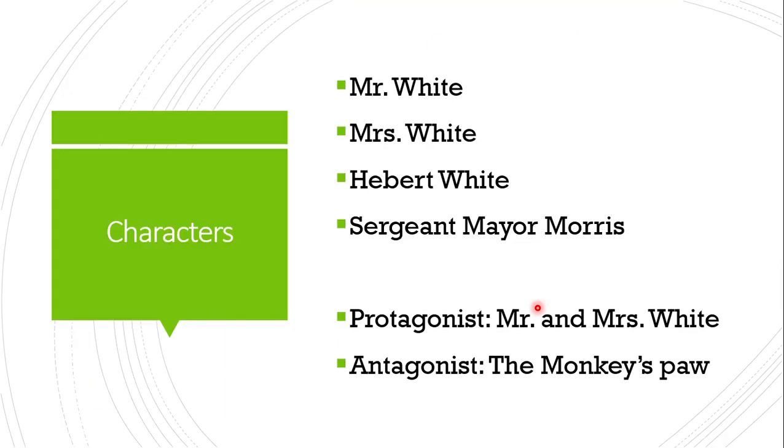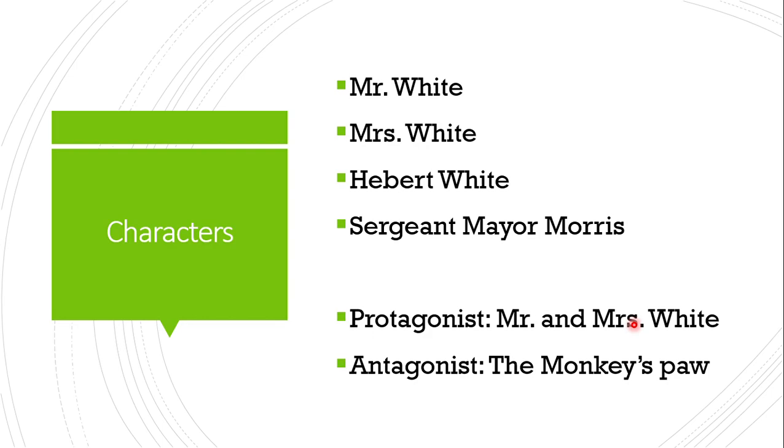So let's move forward. What are the characters, okay? The characters: we have Mr. White, Mrs. White, a husband and wife, Herbert White, who is the son, and a friend of theirs, Sergeant Major Morris. Okay, the protagonists of the story will be Mr. and Mrs. White. They are the main characters, and they have the most performance during the story.